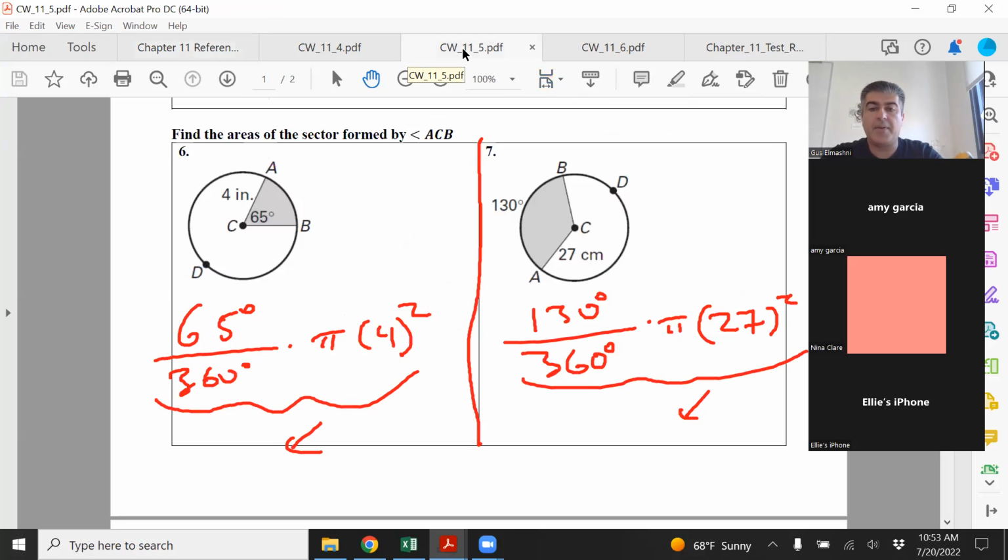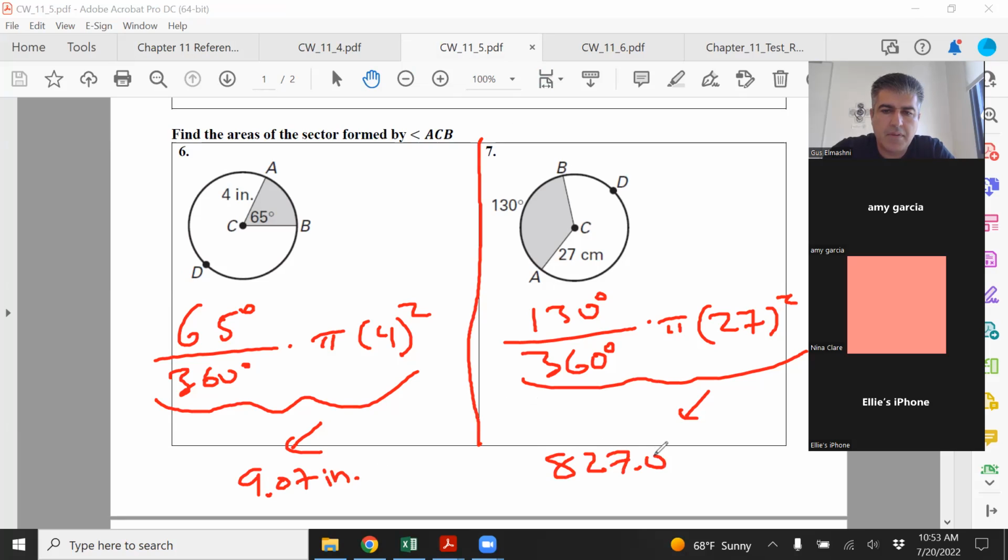And let's work these out in the calculator. Yeah, should get about 9.07 inches here. And the other one, you get 827.02 centimeters here.